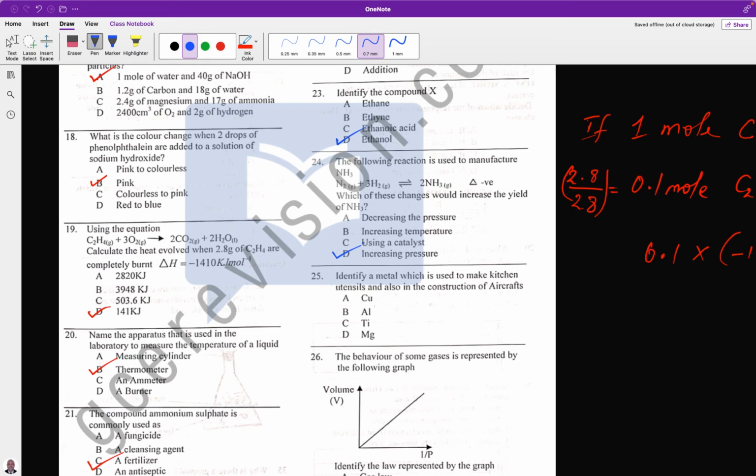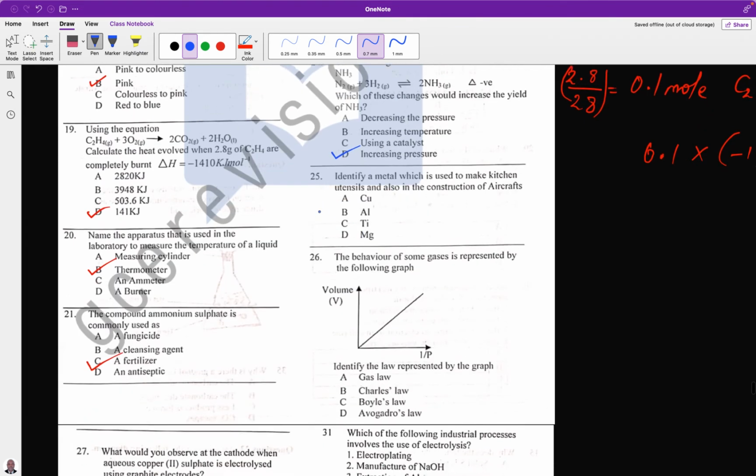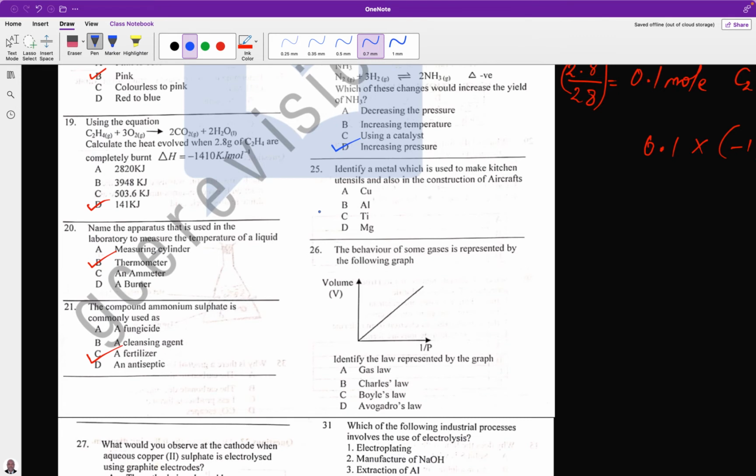Question number 25. Identify a metal which is used to make kitchen utensils and also in the construction of aircraft. The lightest metal is not copper, not titanium, not magnesium, it is aluminum.